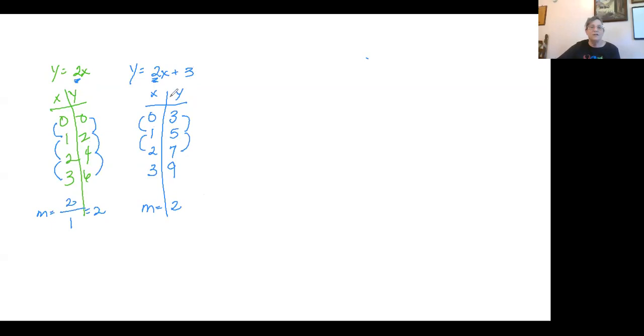But in this case, on the green one, and of course this isn't very straight, we've got 0, 0, 1, 2, 2, 4. It's a straight line, so it's going to be kind of like that.